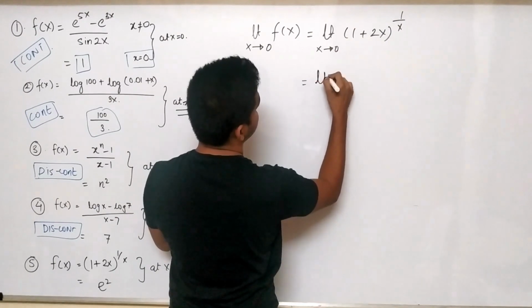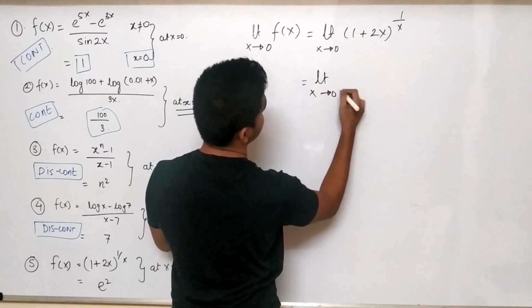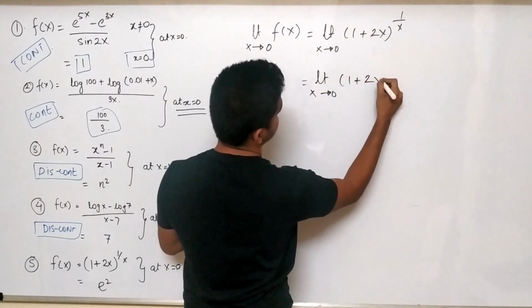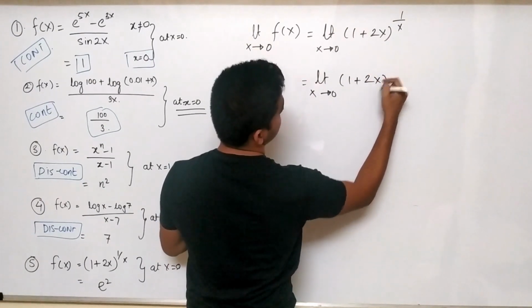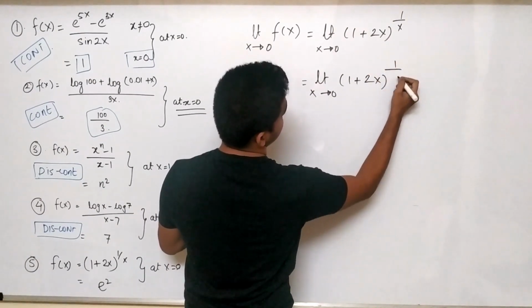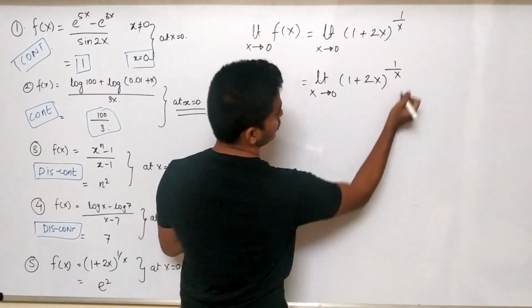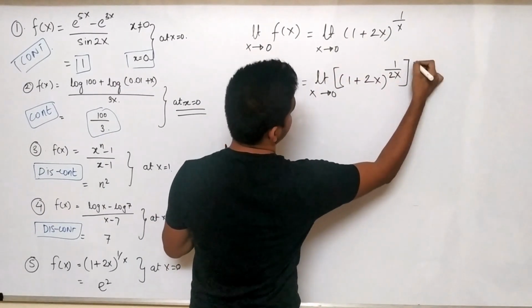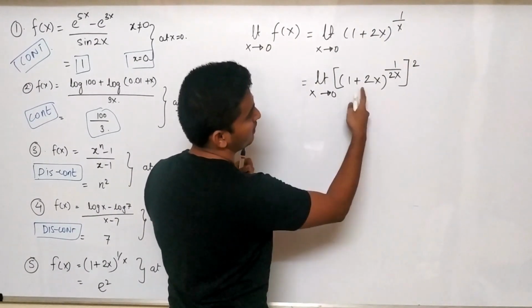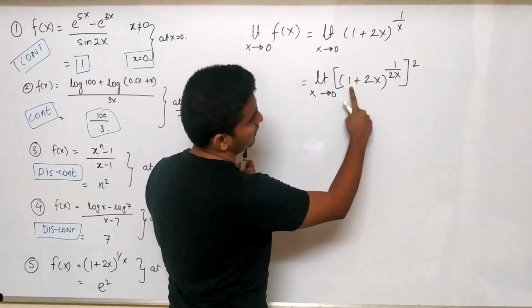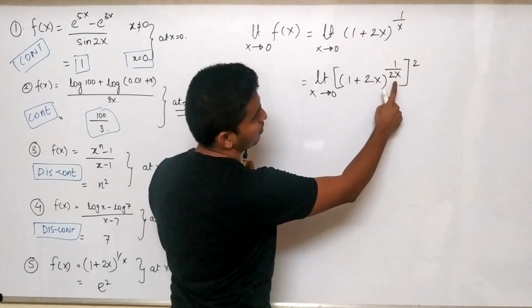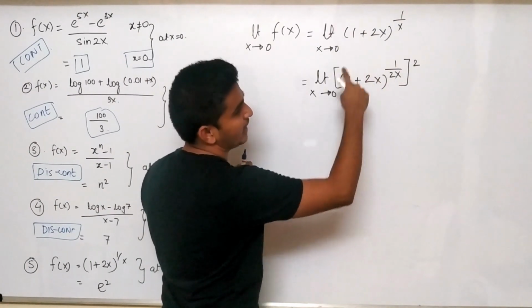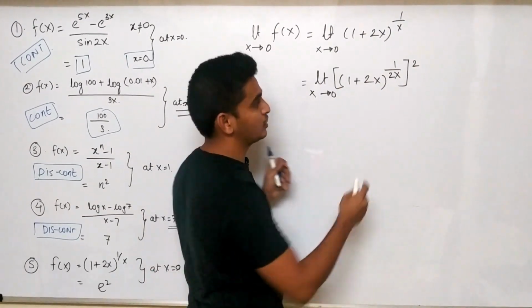It will become limit x tends to 0 of (1 plus 2x) whole power, 1 upon 2x, since we already have 1 upon x. We have taken the function 1 plus 2x upon 1 upon 2x in the bracket so that we can understand what is going towards e.